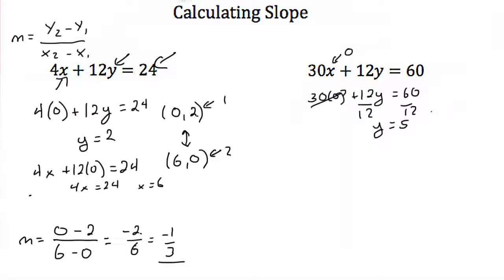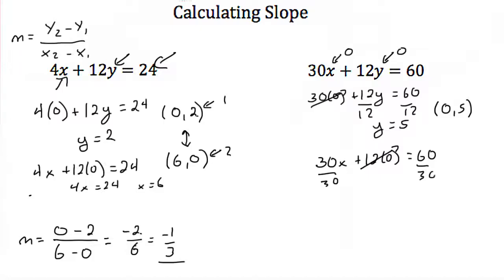So our first point is (0, 5). Now let's plug in 0 for y. So we get 30x plus 12 times 0 is equal to 60. This goes to 0. Let's divide both sides by 30. And we get x is equal to 2. So our next point is going to be (2, 0).